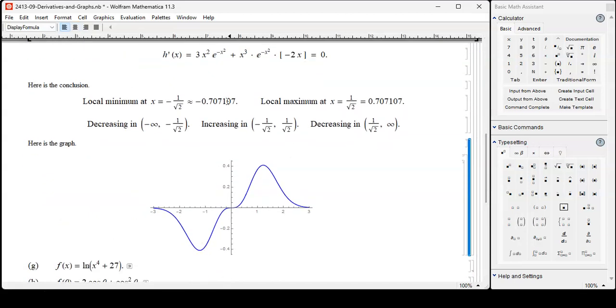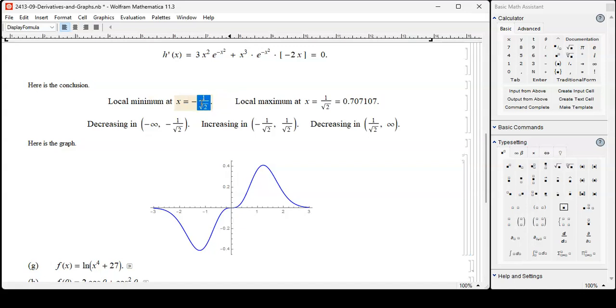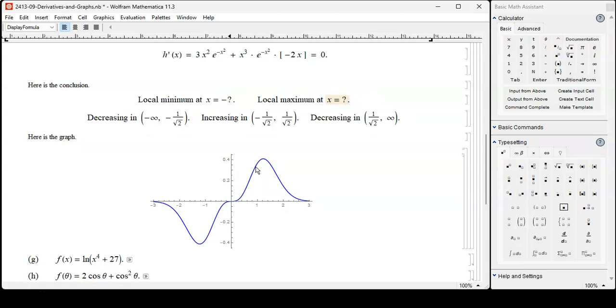Well, local minimum at something, local maximum at something, and by symmetry, positive, negative, you can clearly see that. And then, of course, neither maximum nor minimum at x equal to 0.